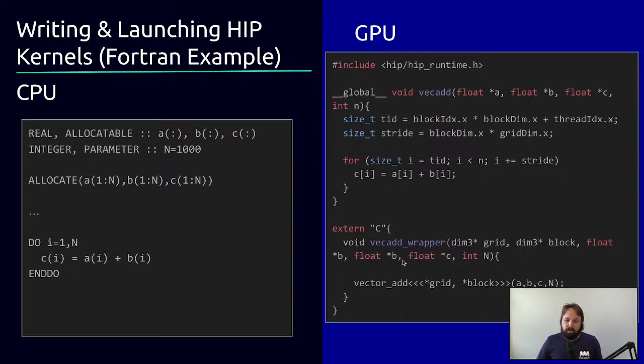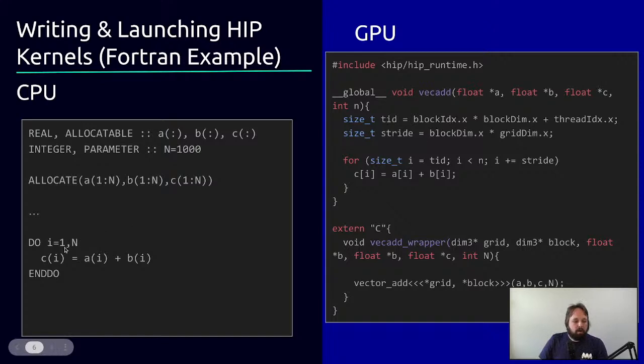Now if we were to do this on the GPU, I'm going to walk you through everything on this right-hand side. Let's first look at the top of this C code. First we have the HIP runtime library, so that we get access to the intrinsics we need, like blockIdx and so on.